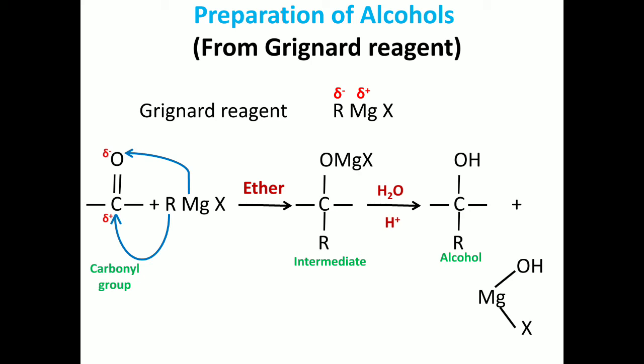This makes an intermediate, and when this intermediate undergoes hydrolysis in the presence of acid, we obtain an alcohol. When Grignard reagent reacts with different carbonyl compounds, it produces various alcohols like primary, secondary, and tertiary alcohols.